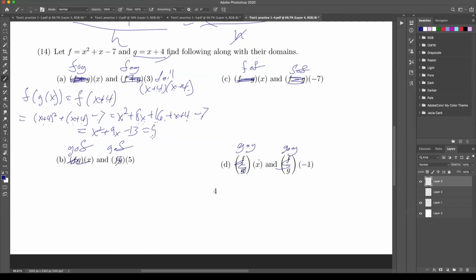So 3 squared is 9, 9 times 3 is 27, and then minus 13. Oh, this isn't minus 13, it's plus 13. Ta-da. So this gives me 49.